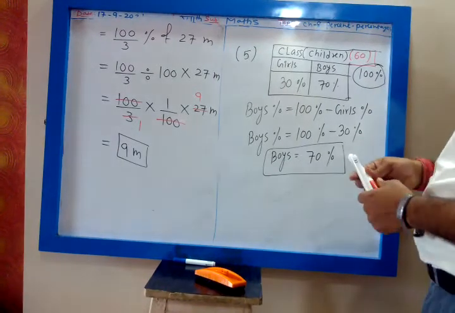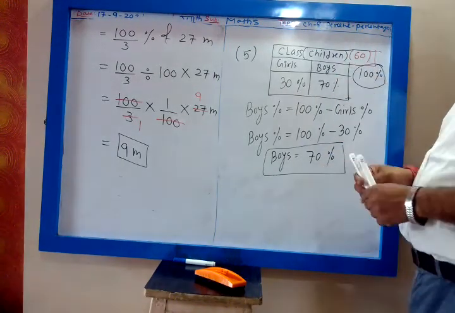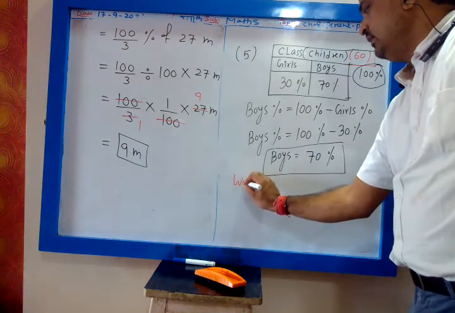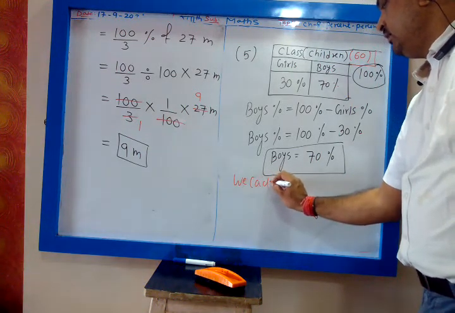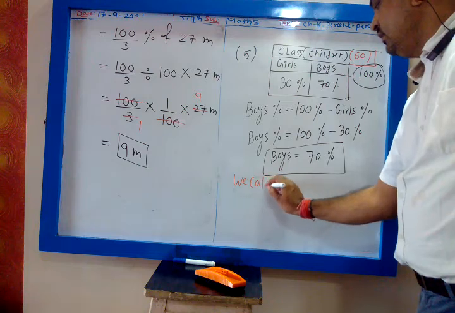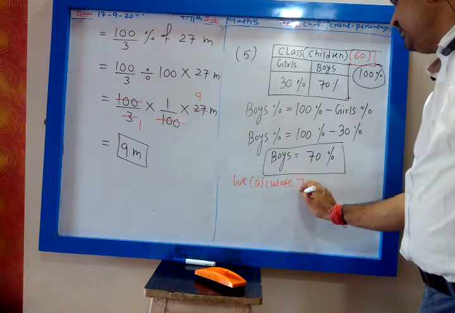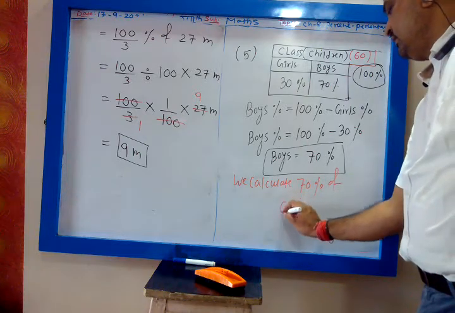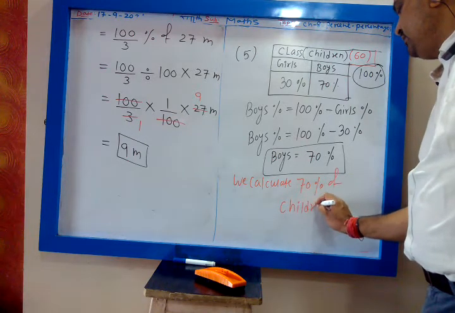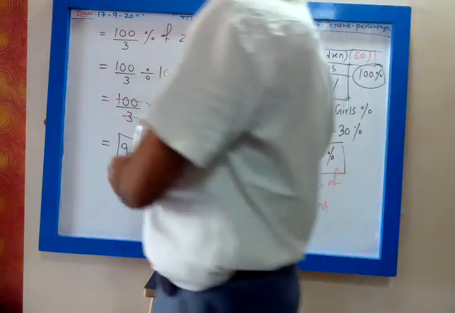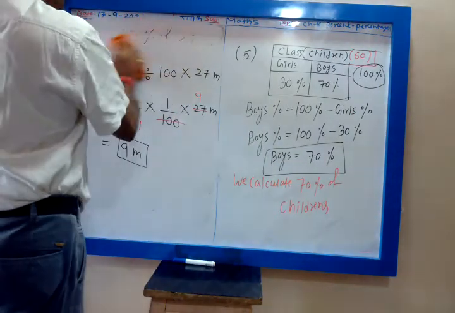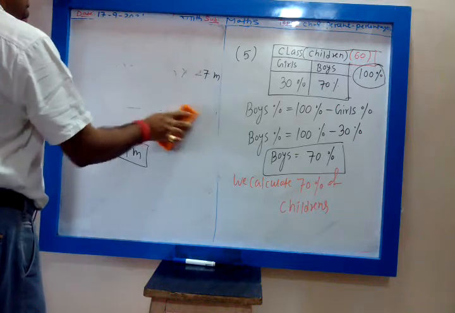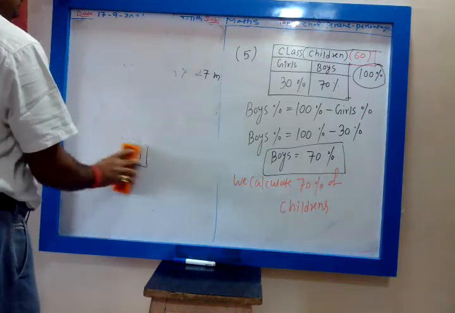So we calculate 70% of the total number of students. We calculate 70% of children. Because for boys percentage we have got 100 minus 30, that is 70. 70% are boys, but that is percentage, not number of boys.